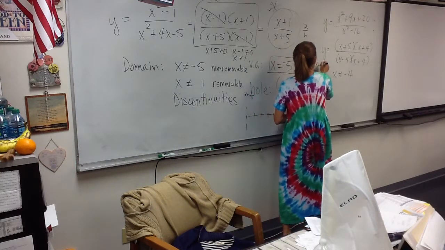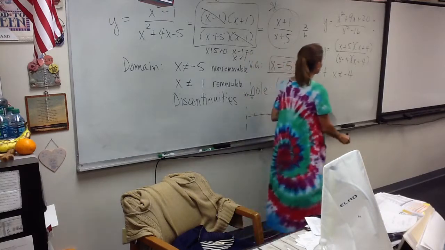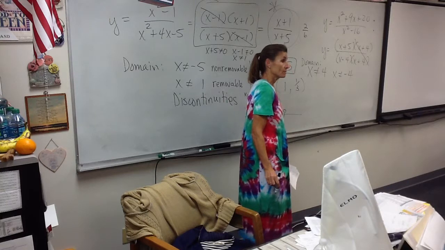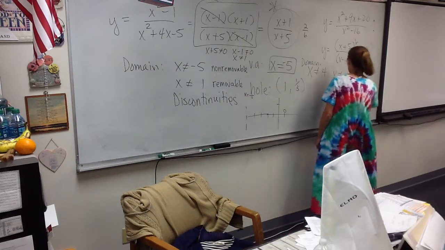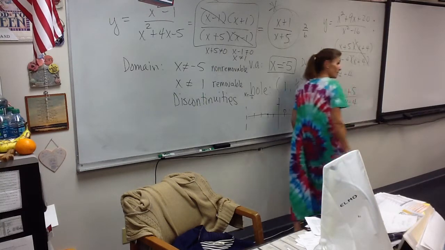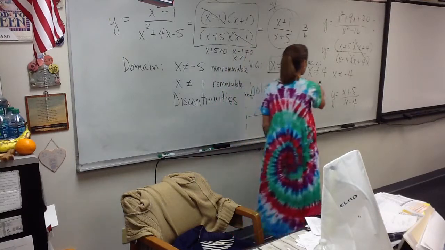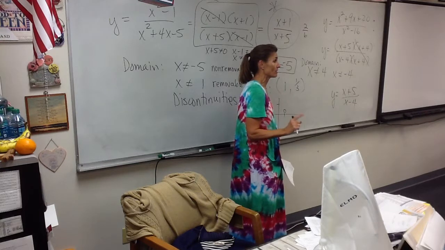But when I take a close look at this fraction, I notice these cancel, leaving me with x plus 5 over x minus 4. But remember, there were 2 things x couldn't be. So there are 2 problems here.